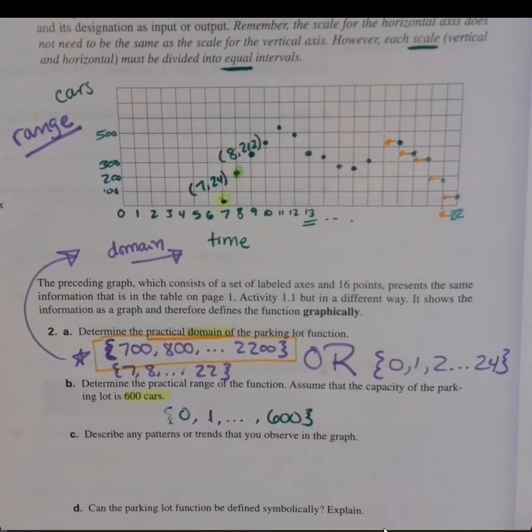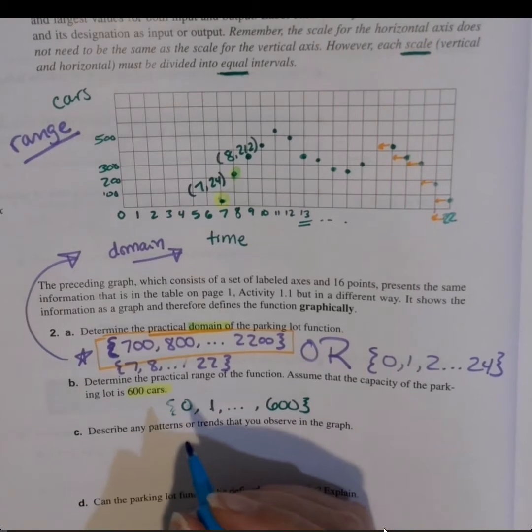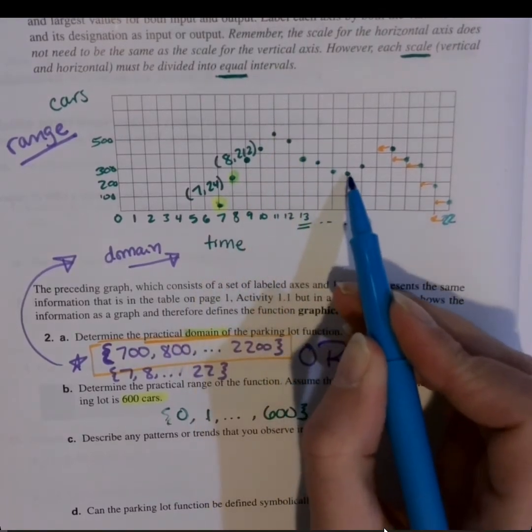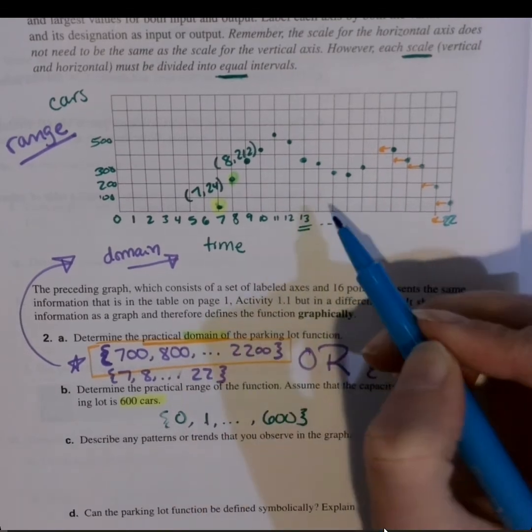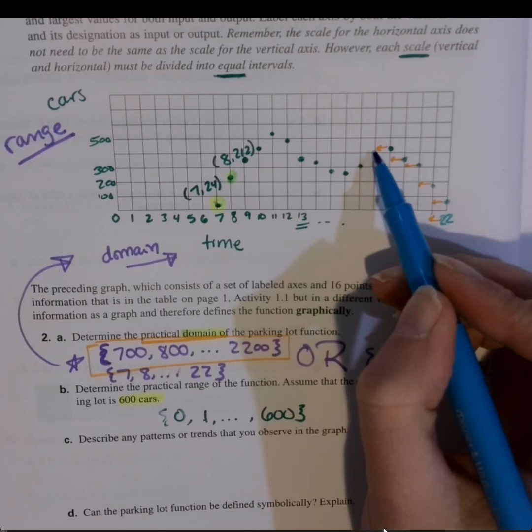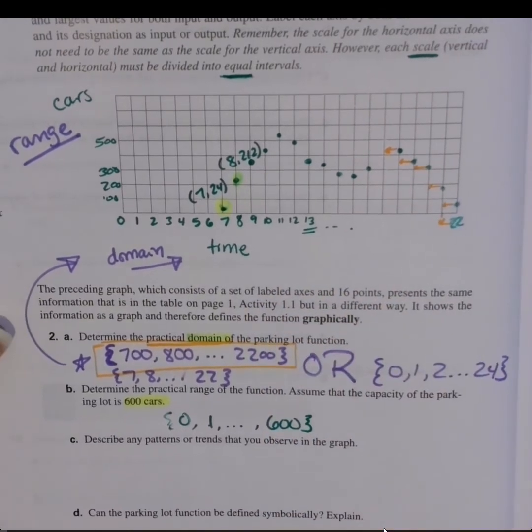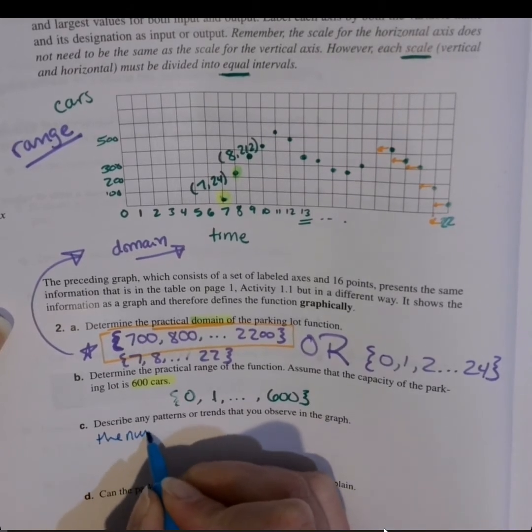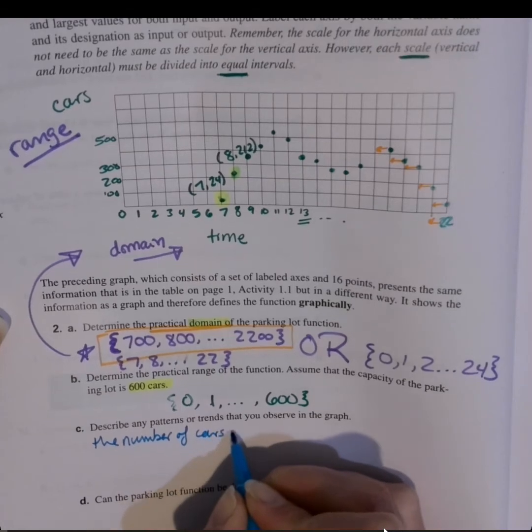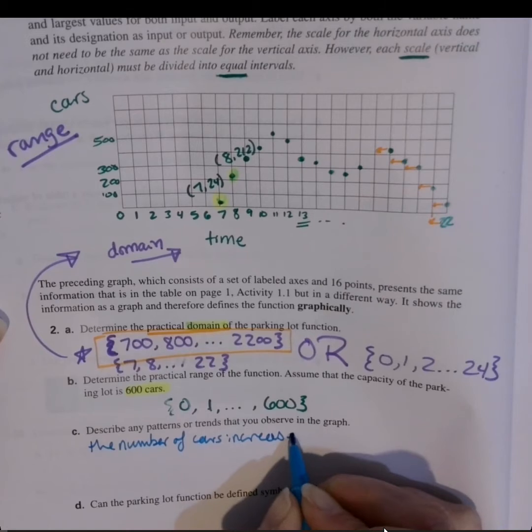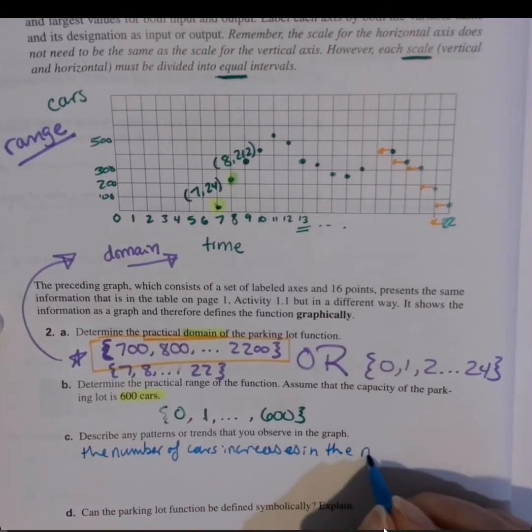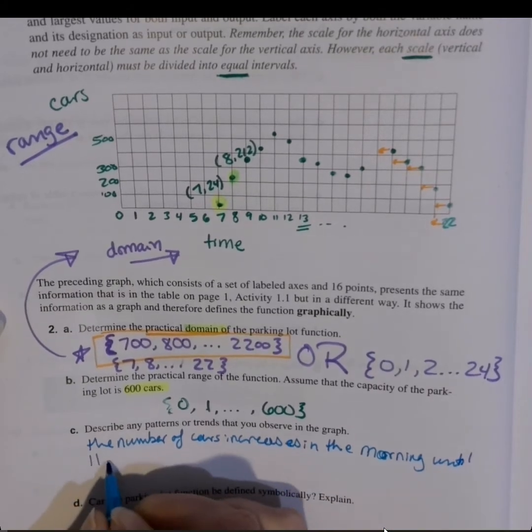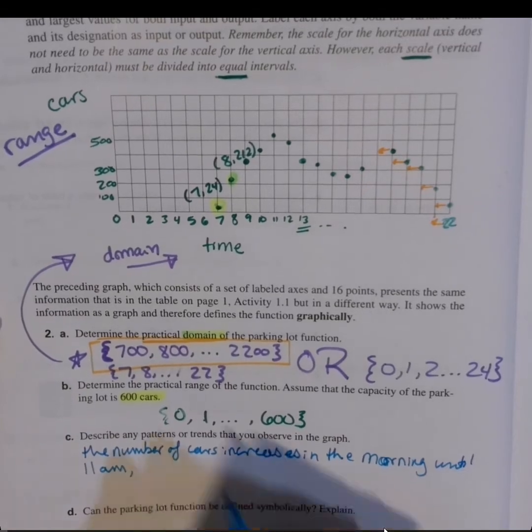All right. So describe some patterns. The number of cars increases until about 11 a.m. Then it decreases to a low at, let's see, 1, 2, 3, 4 p.m. Then it increases until 6 p.m. and then decreases again until 10 p.m. So the number of cars increases in the morning until 11 a.m., then decreases in the afternoon.